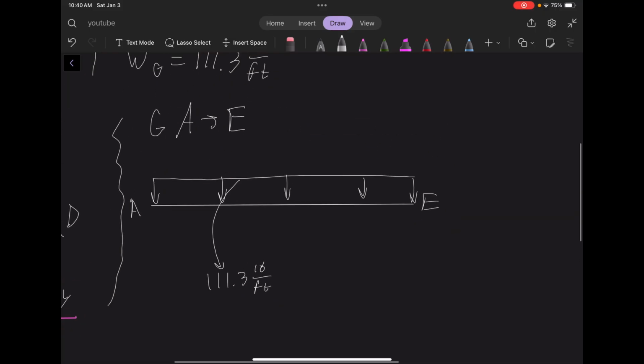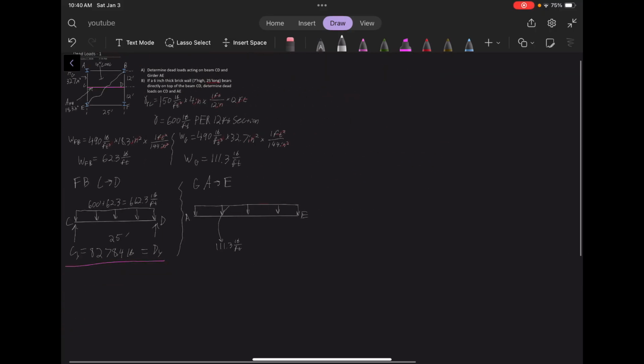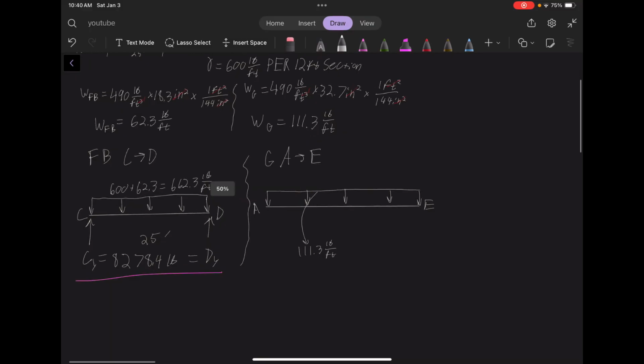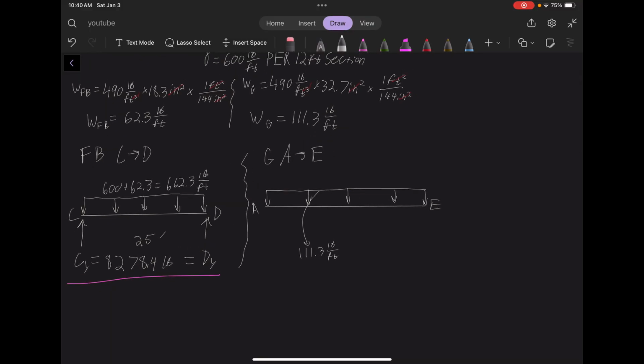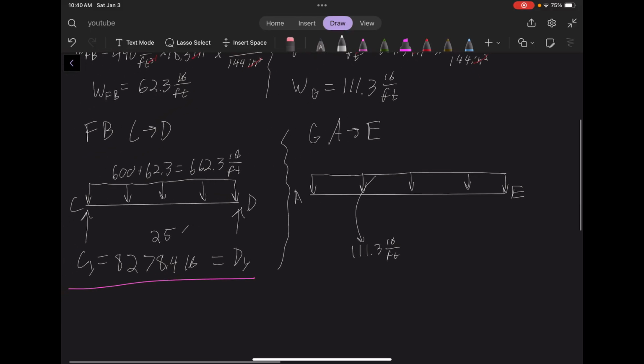And then, like I said before, with the transfer of weight from the concrete to the floor beams to the girders, we have the floor beam here. What we're going to do now is transfer these reactions down to the girder.